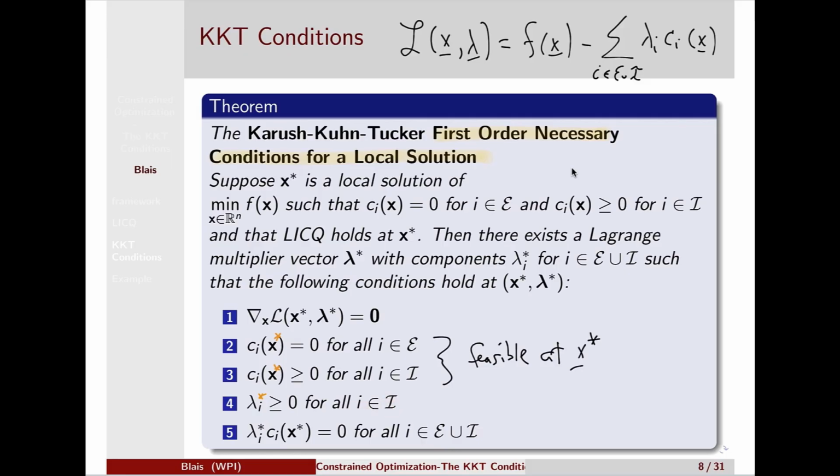And then finally, we have what we call our complementarity condition, that one of lambda i star or c i of x star equals 0 for all of the constraints. And this complementarity condition, the product being 0, is what forces at least one of them to always be 0.